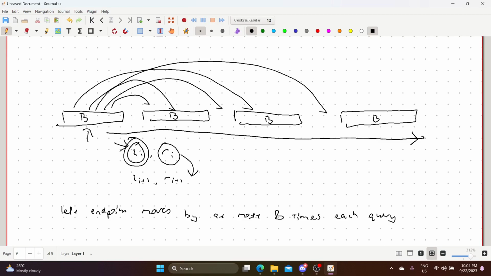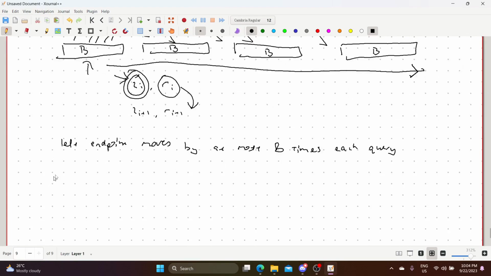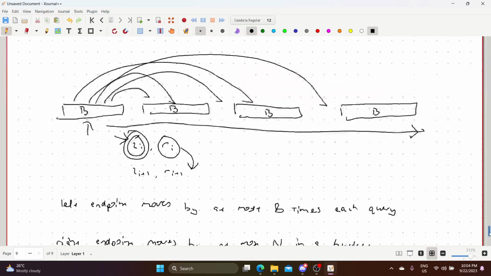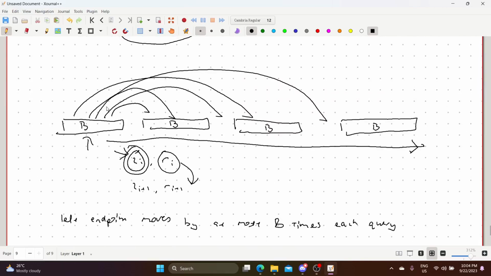So this means the right endpoint moves by at most n in a bucket. It doesn't matter how many queries are in the bucket. There can be many queries inside the same bucket, with left endpoints in the same bucket, but the right endpoint will always move by at most n.